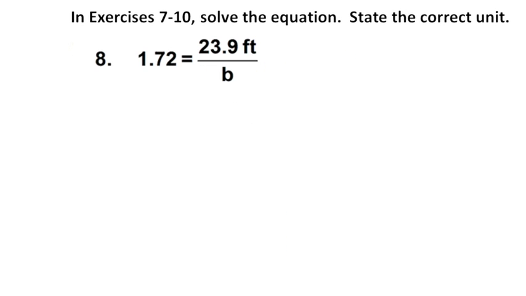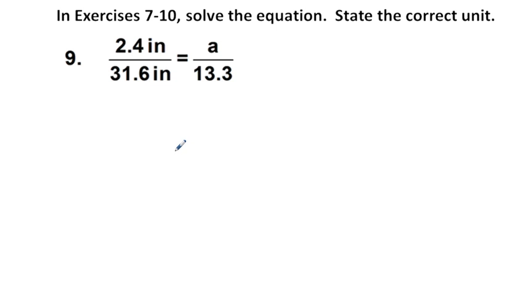For our next, on problem 9, we have 2.4 inches over 31.6 inches equals A over 13.3. We're going to do similar to what we did in problem number 7, multiply this entire equation by the denominator that's keeping this A from being by itself, which is 13.3.